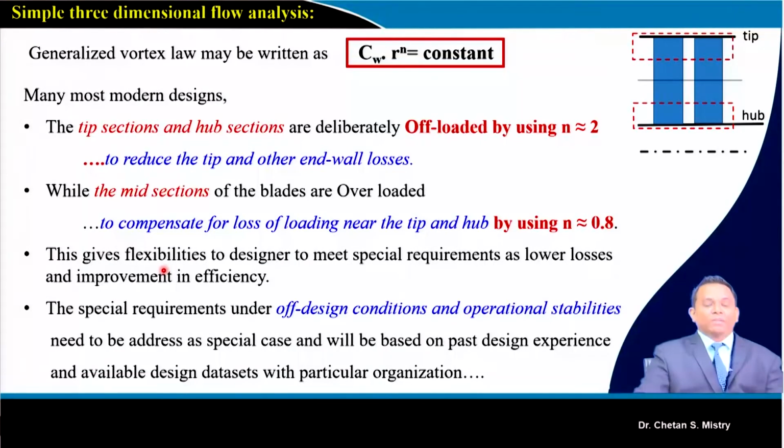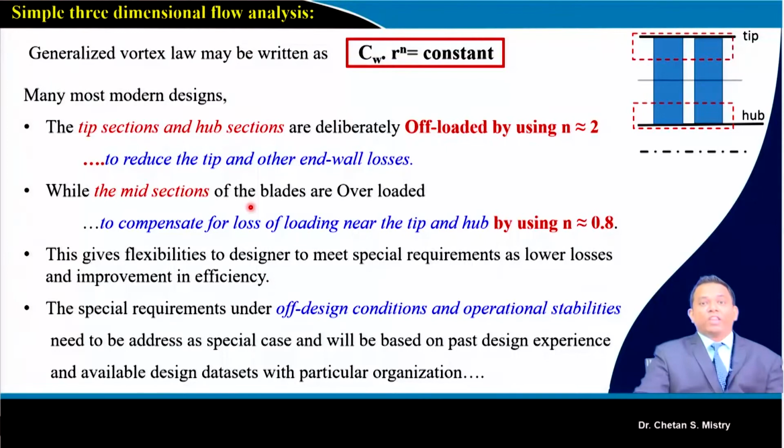Under that flexibility, near the tip and hub sections we mostly have an offloaded configuration, where we assume our exponent to be 2, with the justification that it reduces the tip as well as other end wall losses.